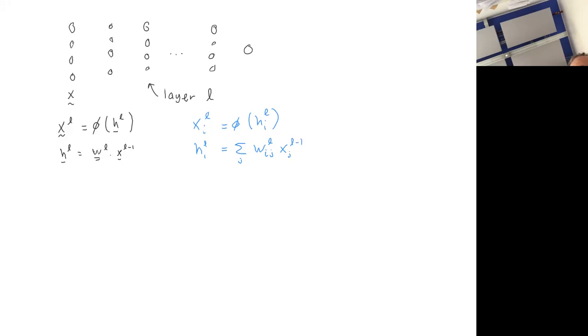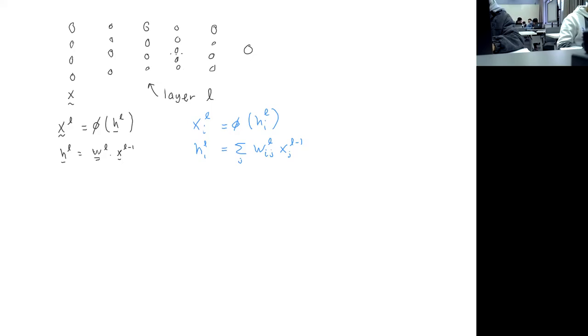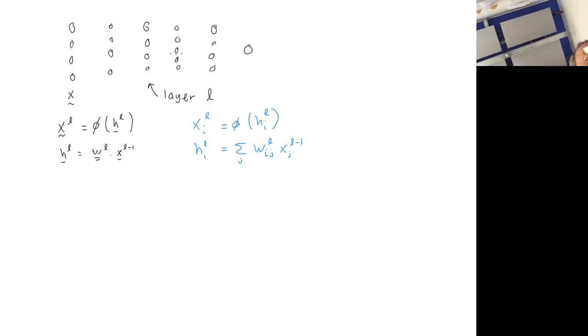So the weights from layer L-1 to L would be W^L. Here you'd have X^(L-1), then in layer L you would have X^L. So it's a relatively simple transformation.